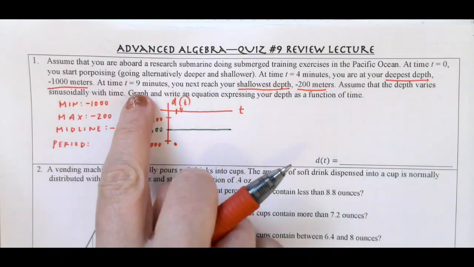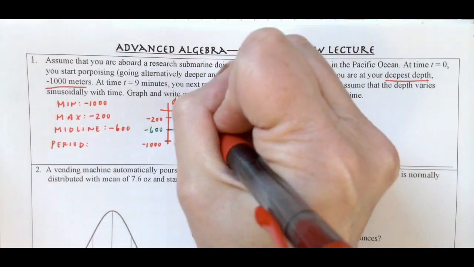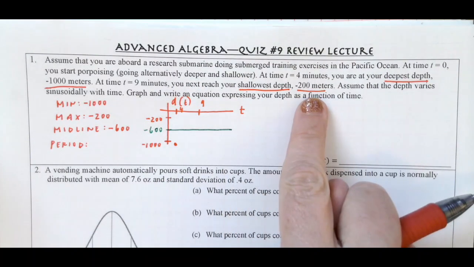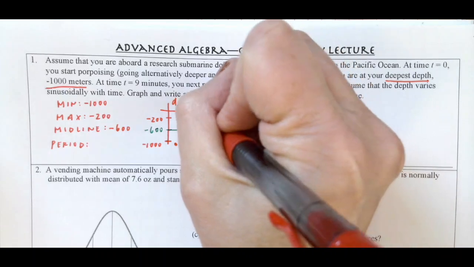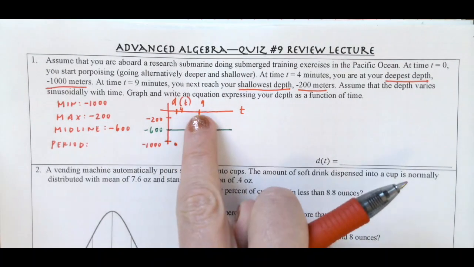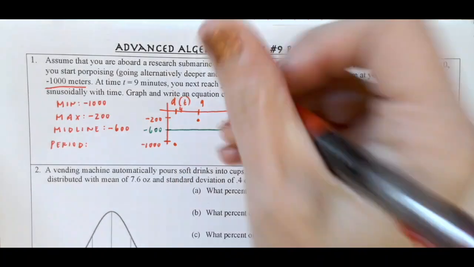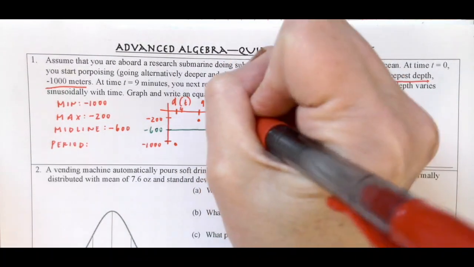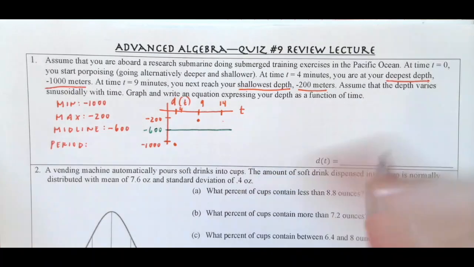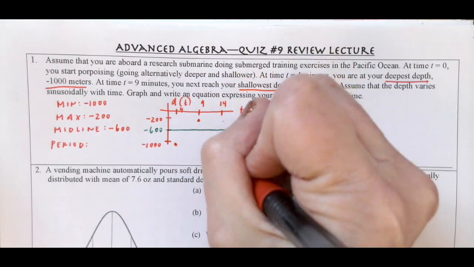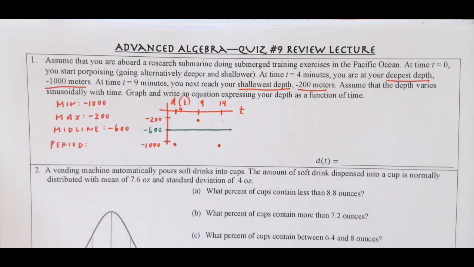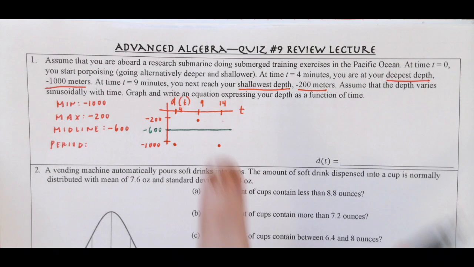At 9 minutes, you're at your shallowest depth, -200, so right here. So 5 minutes have passed, so you need another 5 minutes, so 14 minutes to get to your min again. Right there. I usually fill in the in-between spaces too.